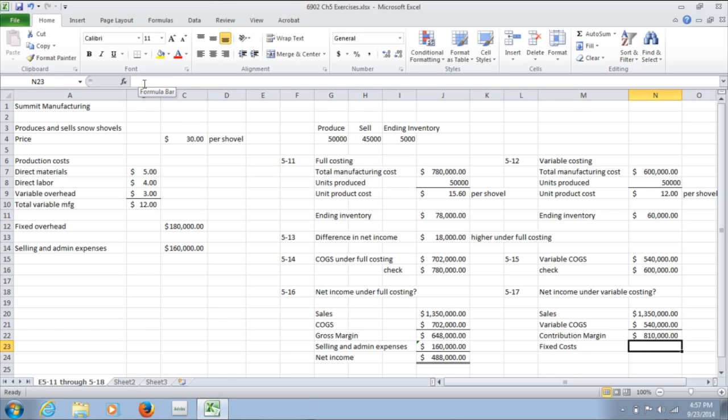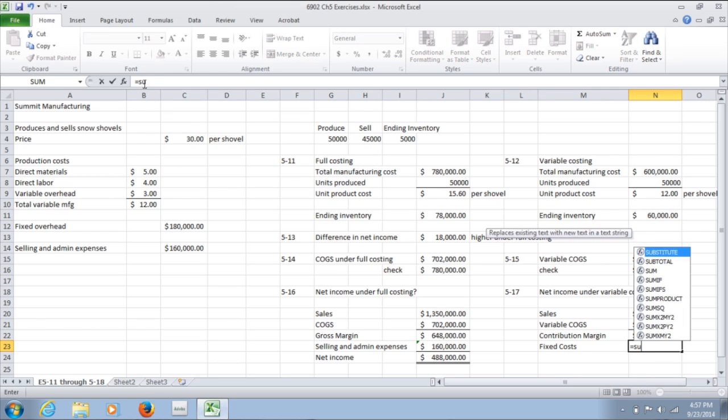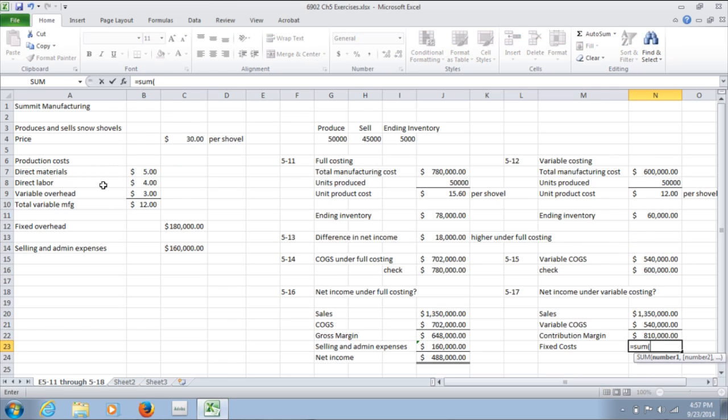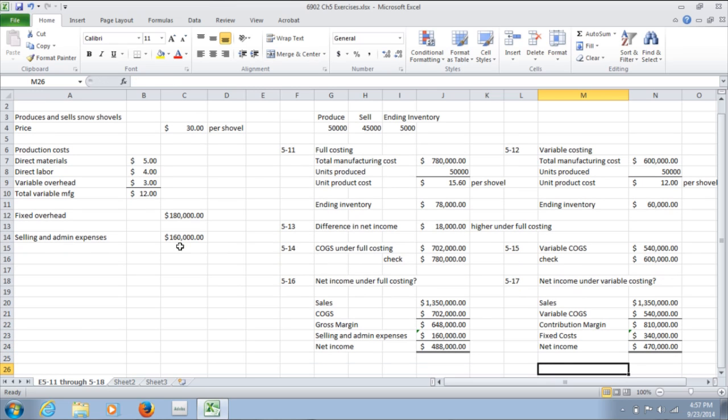Then instead of selling administrative, we're going to have all of the fixed costs there. So we're going to sum the fixed overhead, because that's not accounted for above, as well as the selling administrative, which gives us 340,000. So when we copy this formula over, we see that net income under variable costing is 470,000.